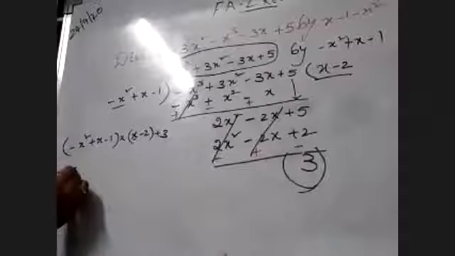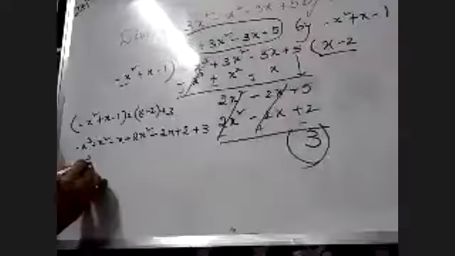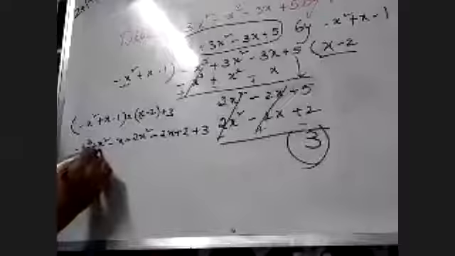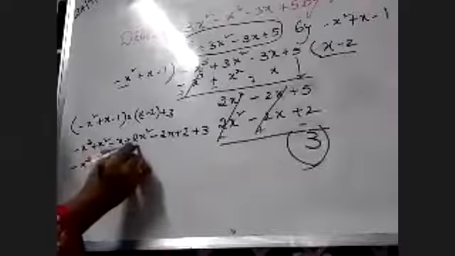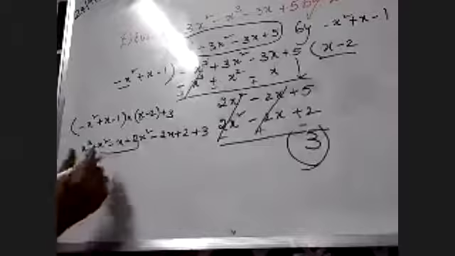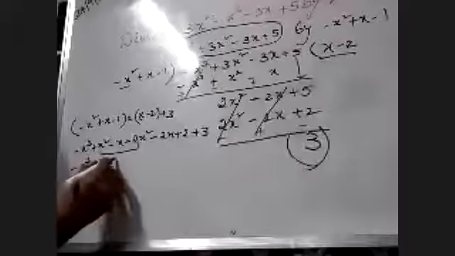X into x, plus x square. X into minus and multiply minus into minus, plus minus 2x minus 3, same as it is. We write minus x cube plus x square. Here x square is there, here x square is there. So we will get plus 3x square.